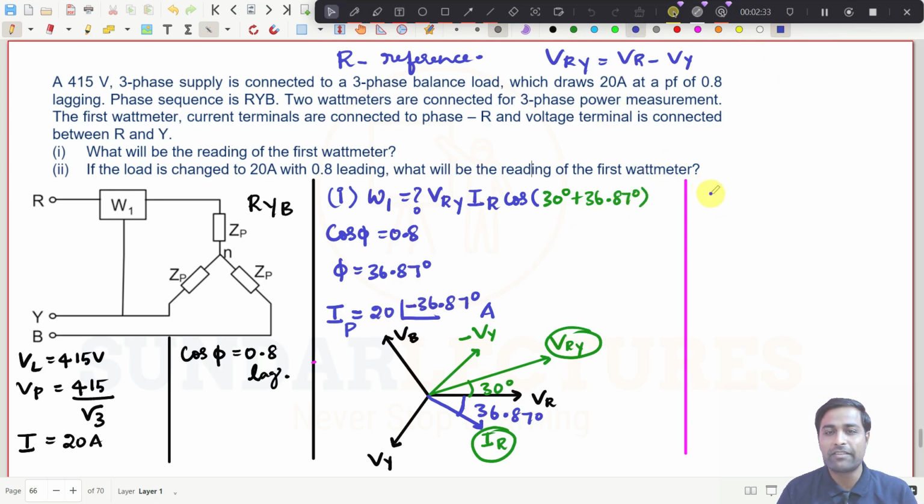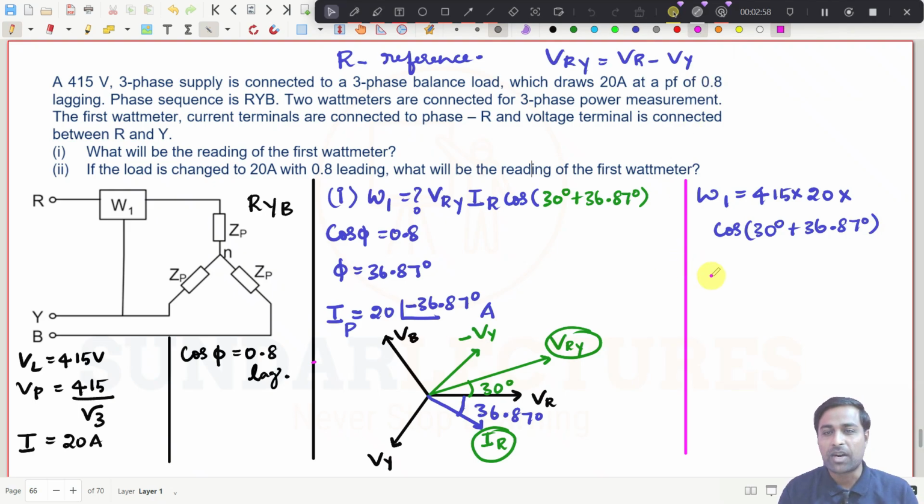So W1 is equal to V_RY, the line voltage, 415, multiplied by the phase or line current, both equal in magnitude, 20, multiplied by cos of 30 degree plus 36.87 degree.